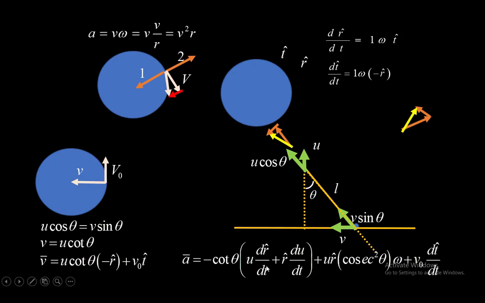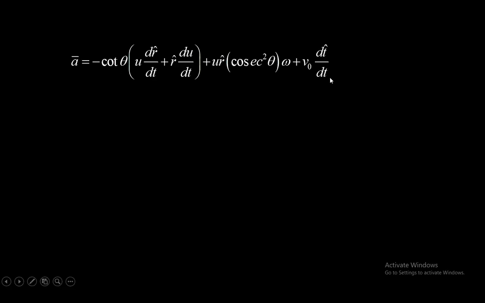So u dr by dt plus r du by dt. Then I have written u and r cap as constant, and cot theta is differentiated as minus cosec square theta, and there is one more minus, so that becomes plus, and the last term is differentiated as d by dt of t cap. Okay, so this is the expression we have got.